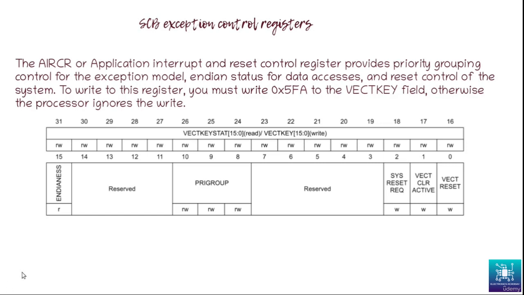And to write to this register, you must write 0x5A to the VECTKEY field, otherwise the processor ignores the write. So this needs to be written first into the register, and then along with that you have to write the remaining bits that you need to configure in the register.